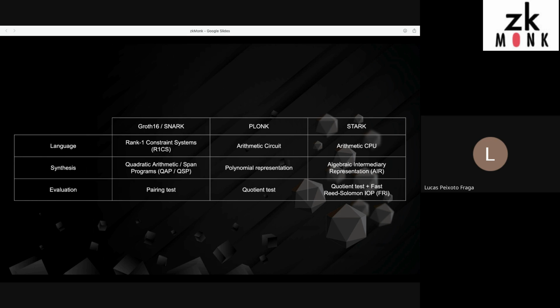Then it compiles this CPU representation to AIR, which is very similar to a polynomial representation, just a bit more specific. And it evaluates the correctness of the AIR instance using a quotient test, just as PLONK, with a FRI instance. FRI helps STARKs become transparent. It's not the only reason why STARKs are transparent, but it's a major part of it. Without FRI, STARKs wouldn't be transparent at all.